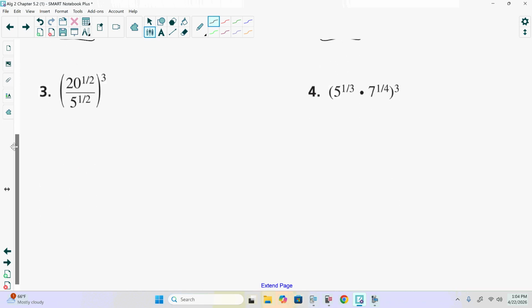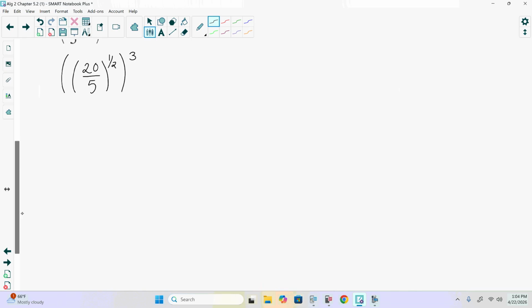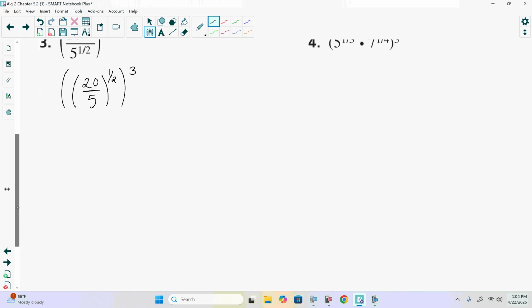3 has a fraction, and normally I would leave it alone. We'll leave it in fractional form unless the bases of both of these terms are divisible. Is 20 divisible by 5? Yes. And since they're both put to the same exponent, we can use the quotient of a power to pull that exponent out.